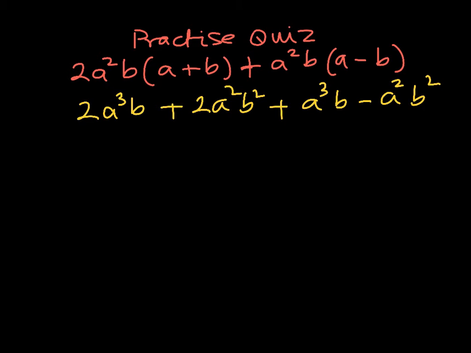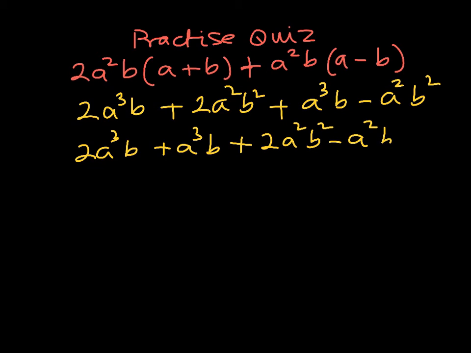Now we can collect like terms. So 2 a raised to the third power b plus a raised to the third power b plus 2a squared b squared minus a squared b squared.